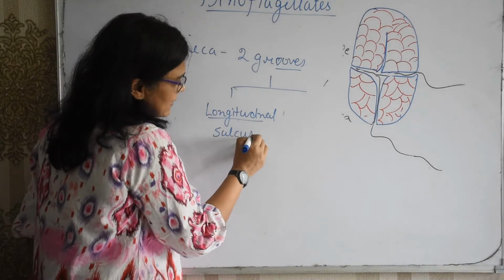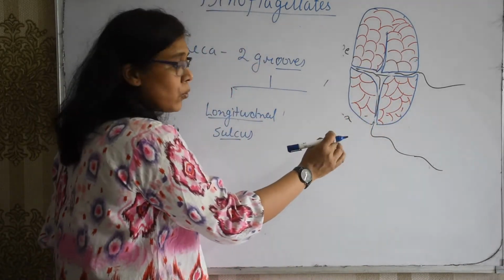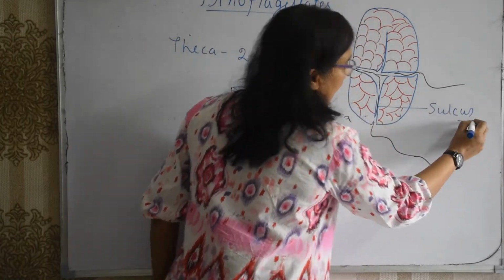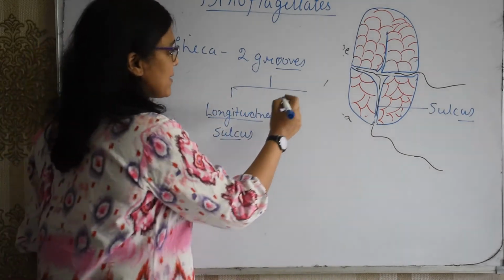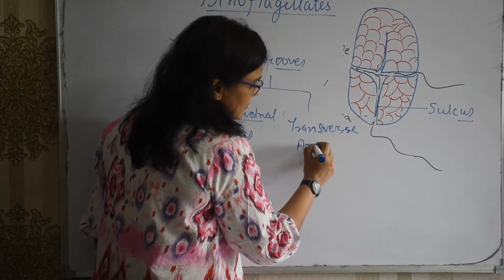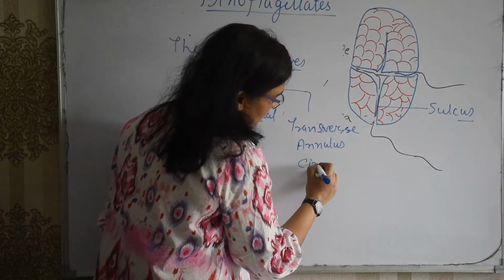So this is the sulcus, the longitudinal groove. And the other groove, that is transverse, is known as annulus or cingulum.